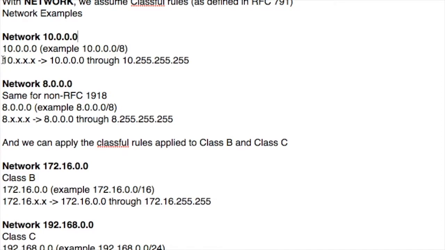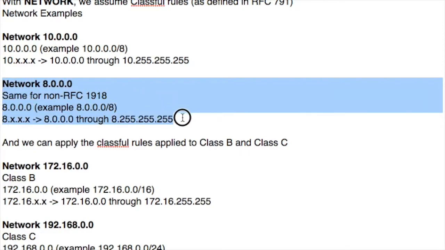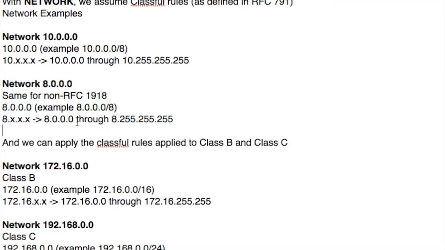So we're looking at an IP address range, not necessarily a host range, but a total range of 10.0.0.0 through 10.255.255.255. We can have the exact same example for a non-RFC 1918 address range. So network 8.0.0.0 would be an example of something that's not RFC 1918. Again, same strategy for figuring out the range, 8.0.0.0 through 8.255.255.255.